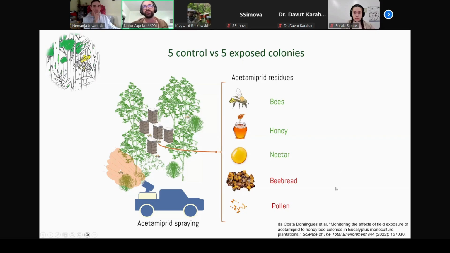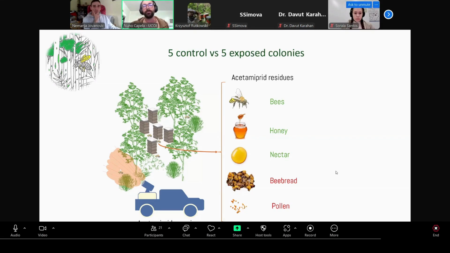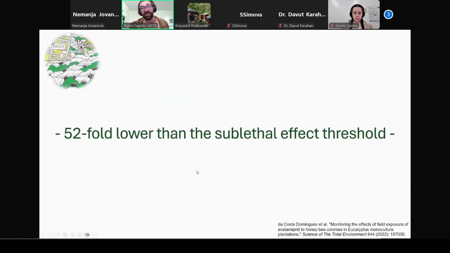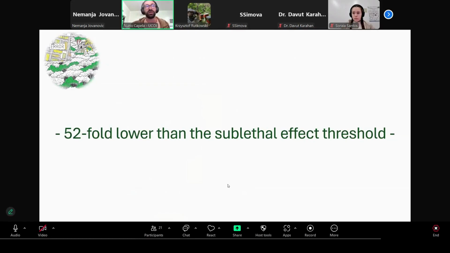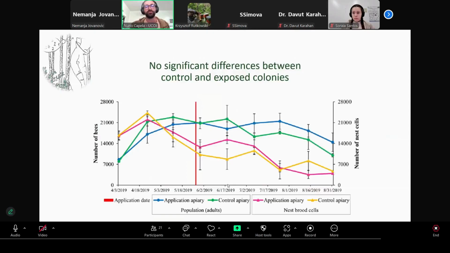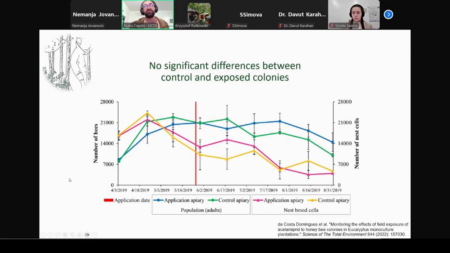We also measured the residues reaching the colonies, and in this case the exposure was so low as well, about 52 times lower than the sublethal effect that we found in the bibliography.